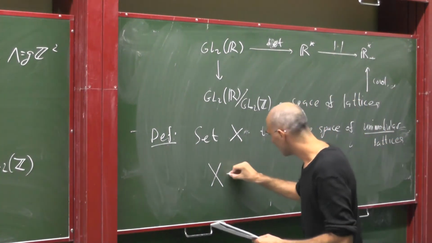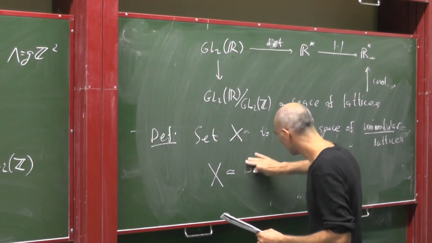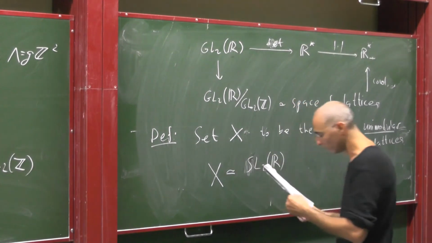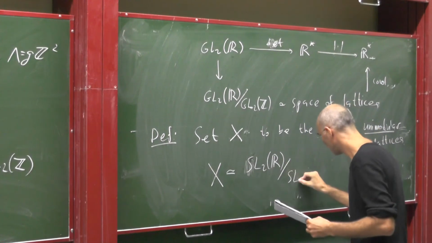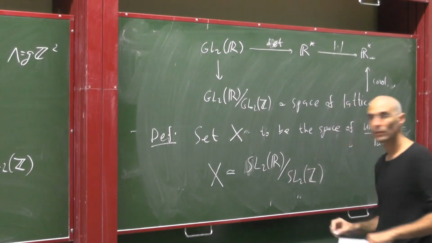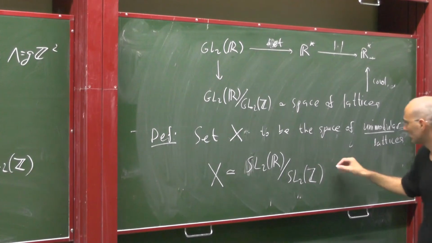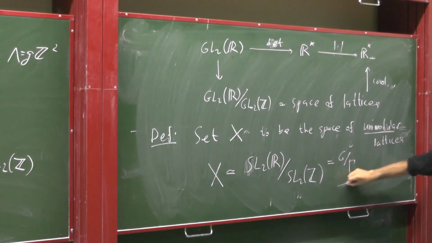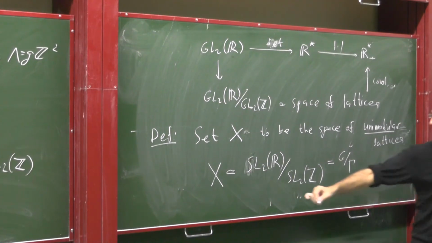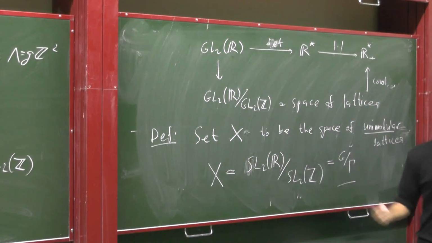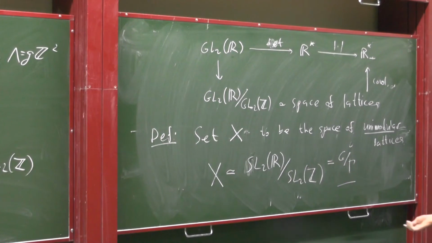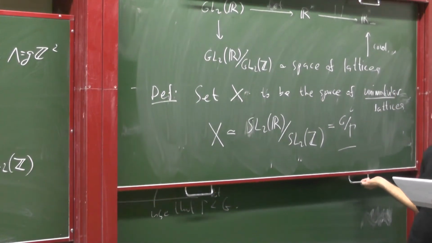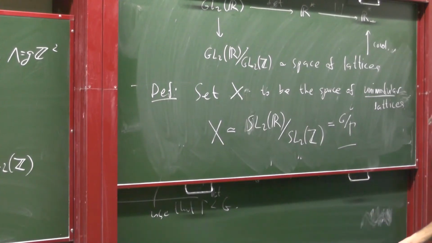Actually, it is an SL2 invariant orbit, and I will leave you to check the following identification, which we denote G mod gamma. So when we think of G mod gamma, we might think of the space of unimodular lattices.